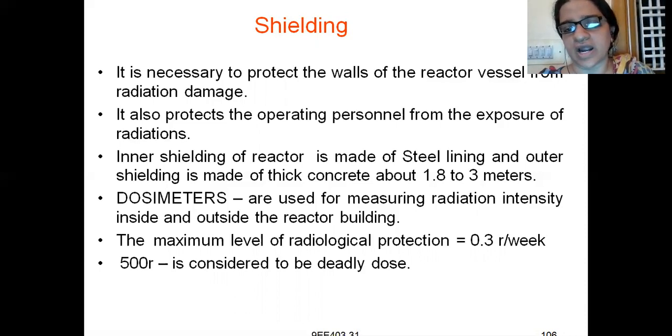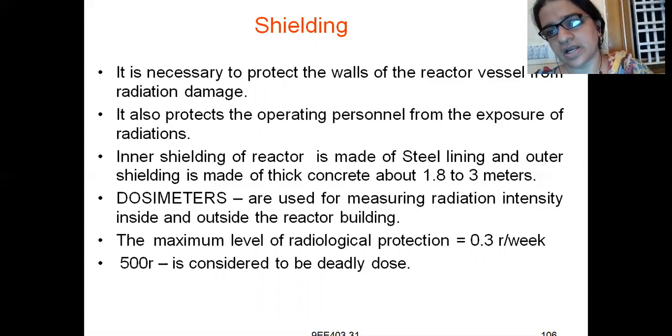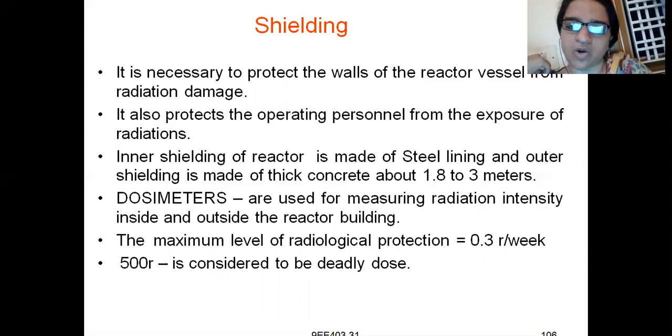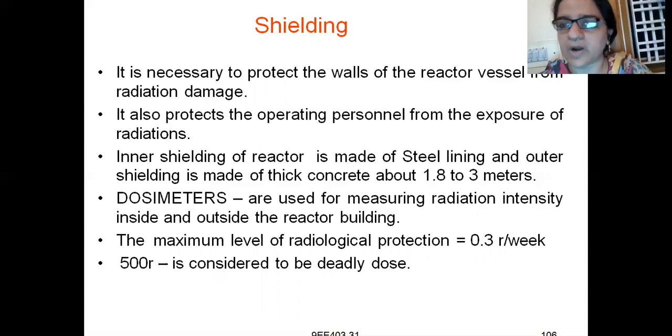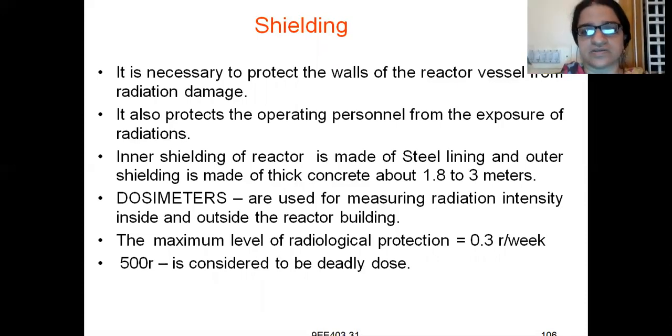Inner shielding of the reactor is made of steel lining, and outer shielding is made of thick concrete, about 1.8 to 3 meters. So a thick shielding of concrete is done outside the nuclear reactor vessels.